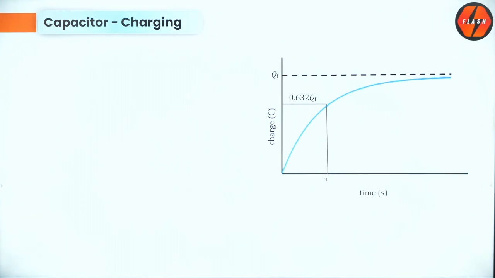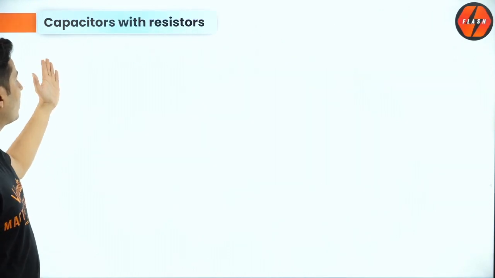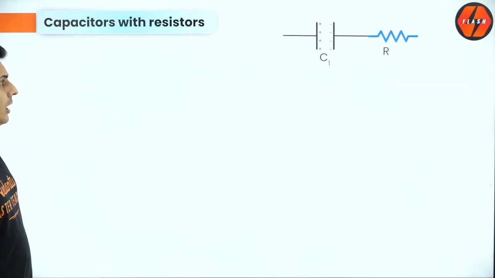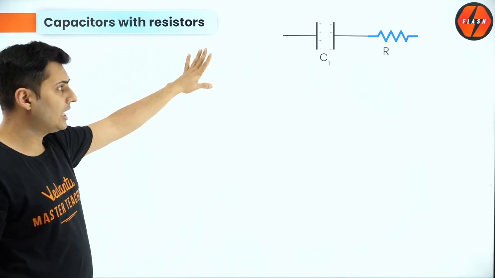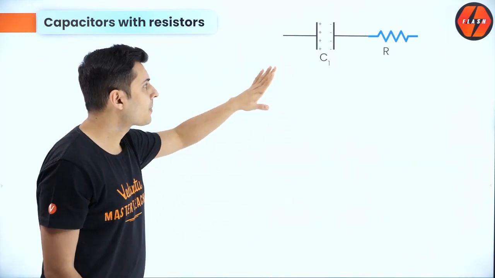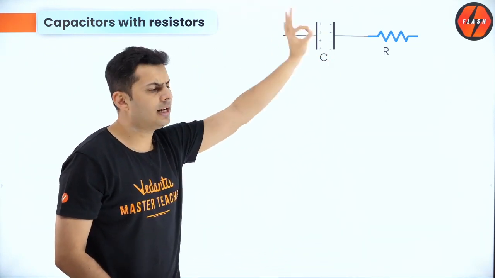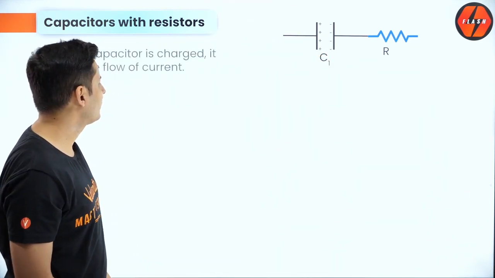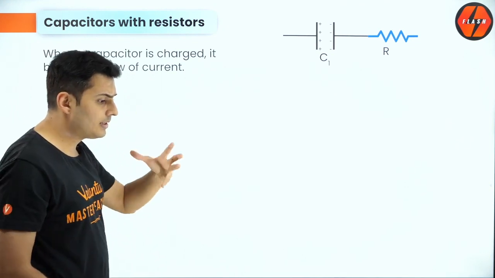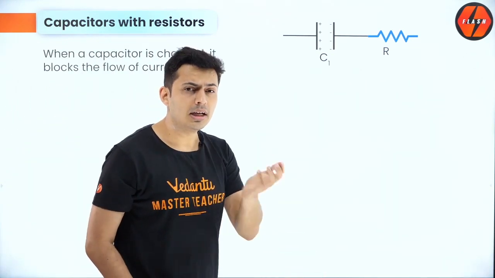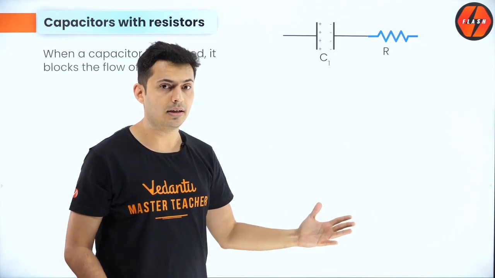Now, if this is understood, let us talk about the final conclusion of charging. Then I'll go to discharging. Remember, when a capacitor is just connected to a resistor, and when a capacitor is completely charged, it behaves very, very differently.